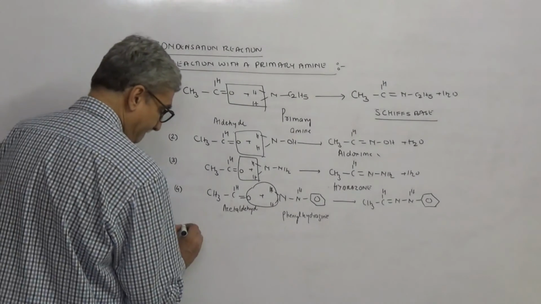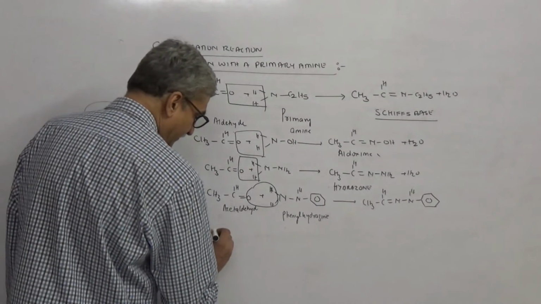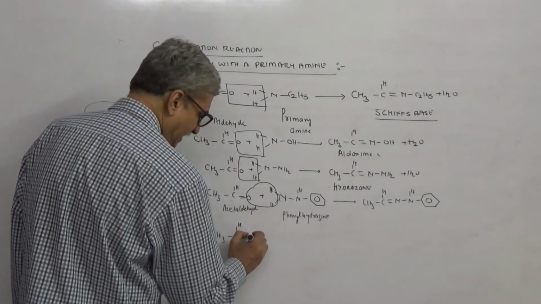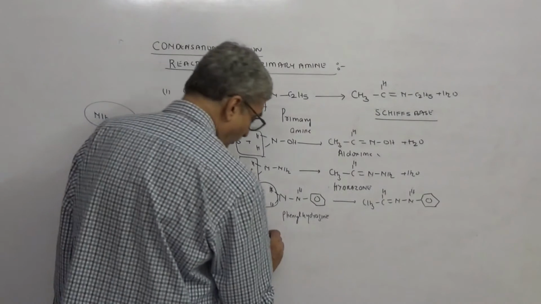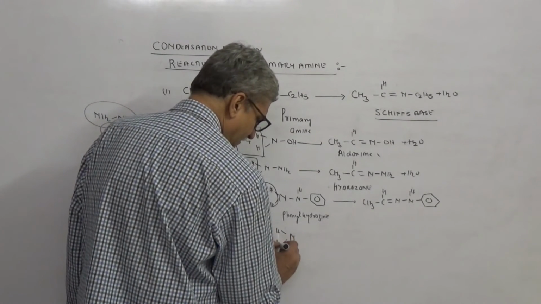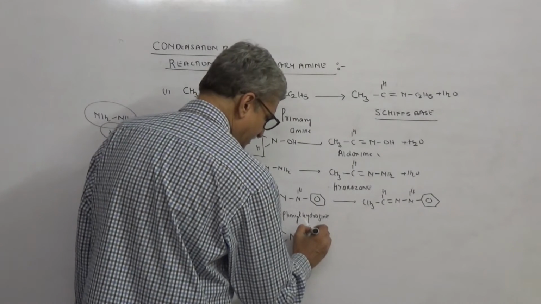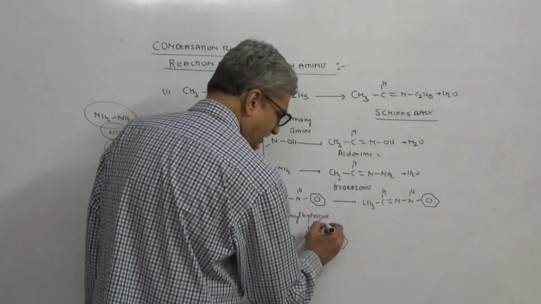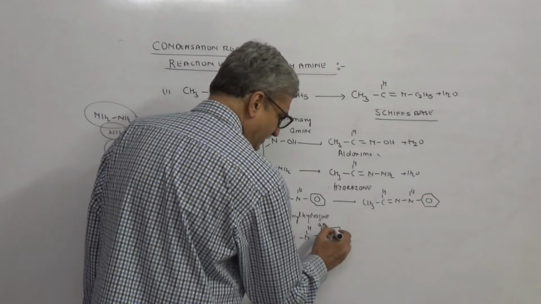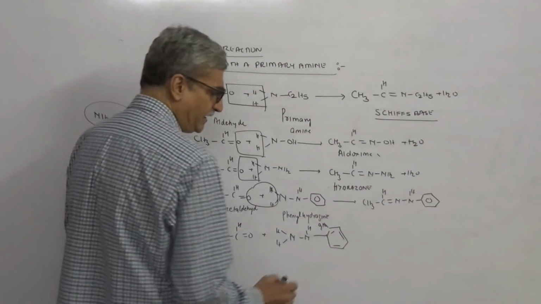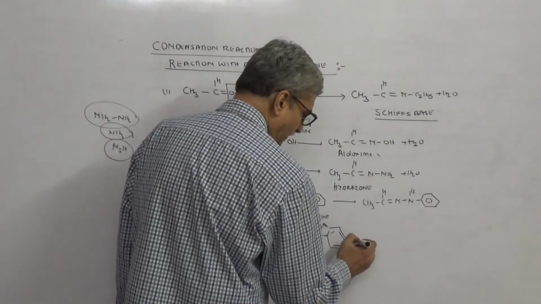Fifth one क्या है? You react acetaldehyde with 2,4. देखो ये NH2, NH और ये बेंजीन था बरोबर. तो ये पोजीशन नंबर 1, इधर नाइट्रो ग्रुप, तो ये 2, 3, 4.